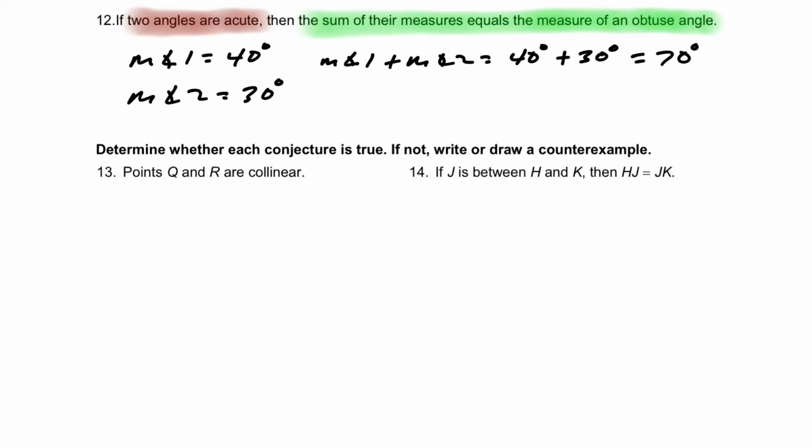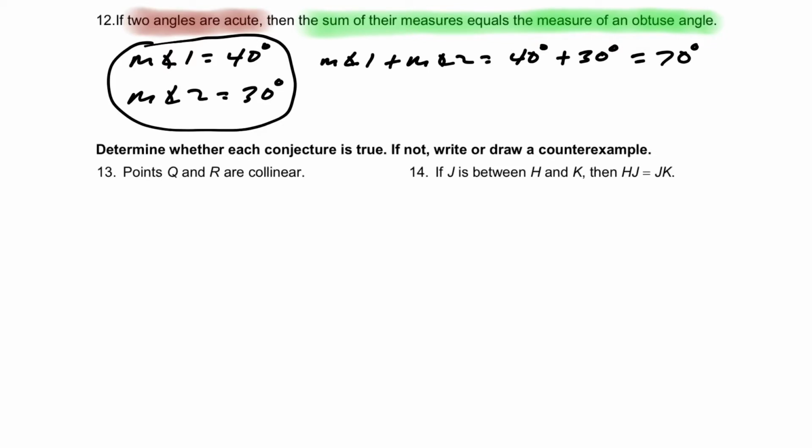To be an obtuse angle, the measure has to be greater than 90, and technically less than 180, but definitely 70 here is not greater than 90. So my counterexample for this one is right here: the measure of angle 1 equals 40, and the measure of angle 2 is equal to 30.